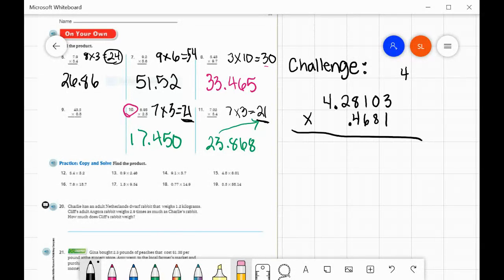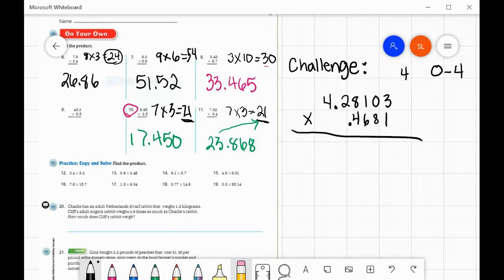We could possibly say that if we were rounding to the nearest tenth, this would round to 0.5 and that we would then round it up to 1. But so it's somewhere between 0 and 1. So our answer is going to end up somewhere between 0 and 4. That's what's going to be reasonable.